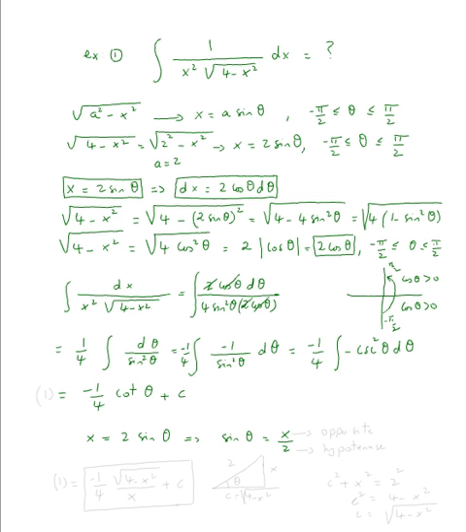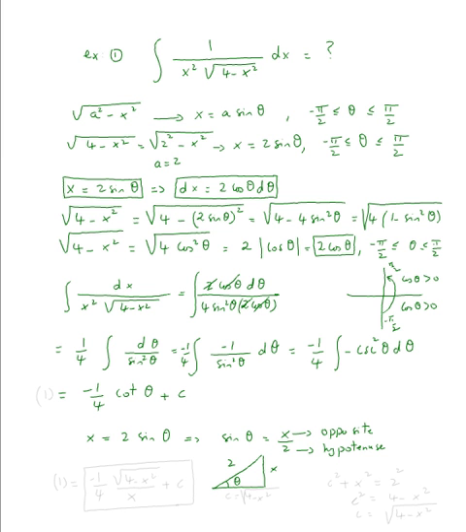So x is the opposite side, and 2 is the hypotenuse. Let's draw the triangle. Let's assume this is theta, therefore this is going to be x, this will be 2.